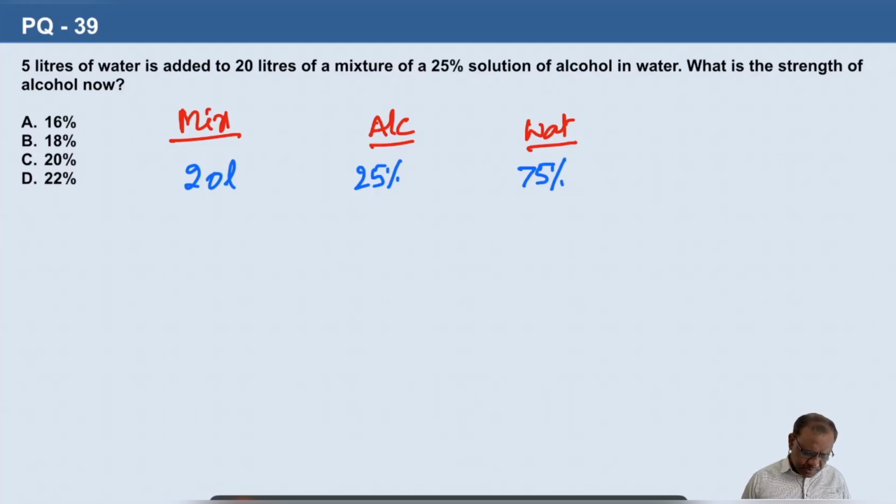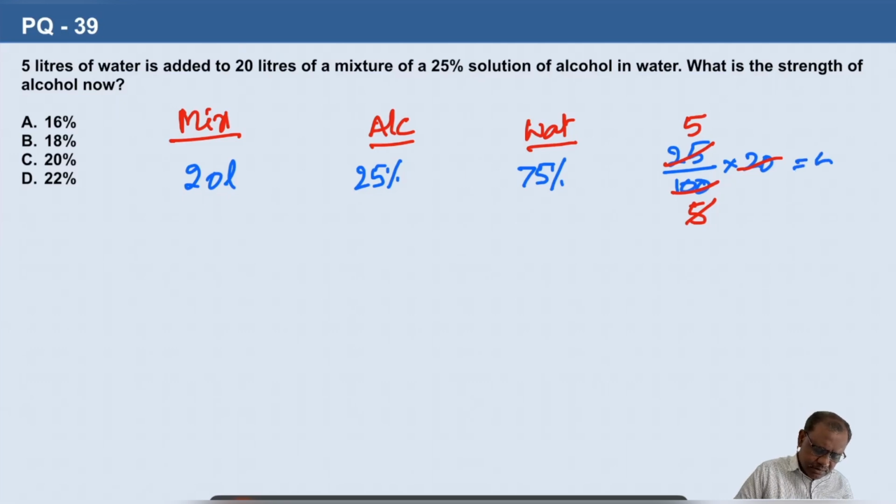So 25% of 20 liters. We'll simplify. 20 ones, 25s. 5 ones, 5 5s. So what is remaining? 5. So alcohol is 5 liters. Water is 20 minus 5, 15 liters.